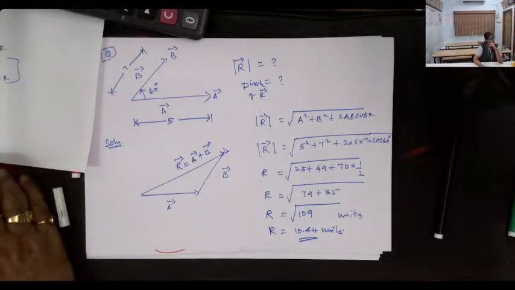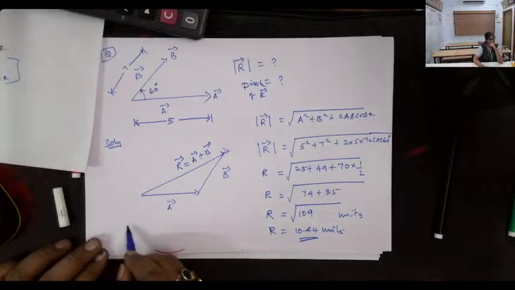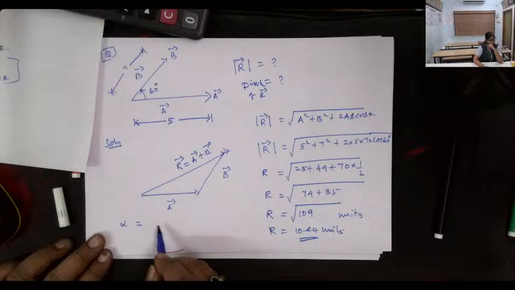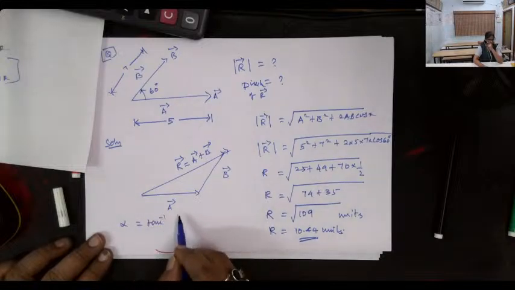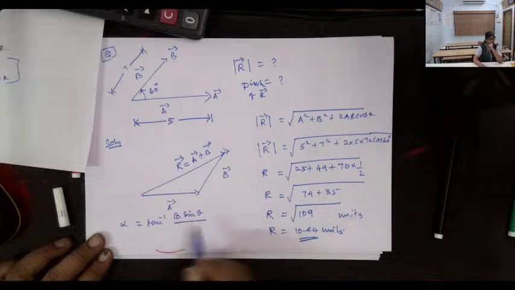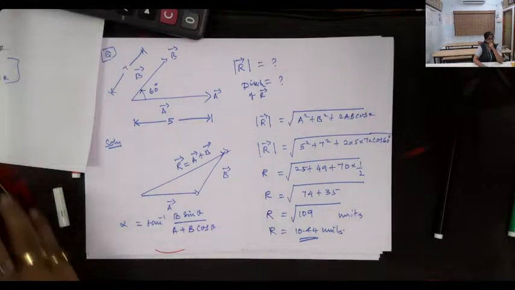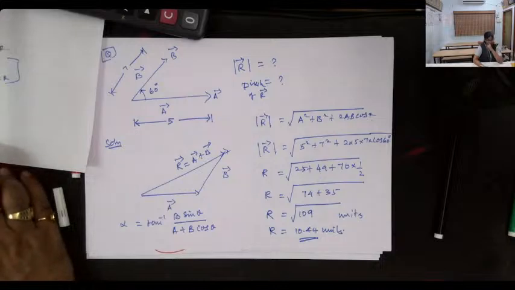Okay. Now what is the next question asked? Alpha, the angle between the two vectors. So this is the tan inverse of B sin theta divided by A plus B cos theta. Okay, so we have to work out this one.